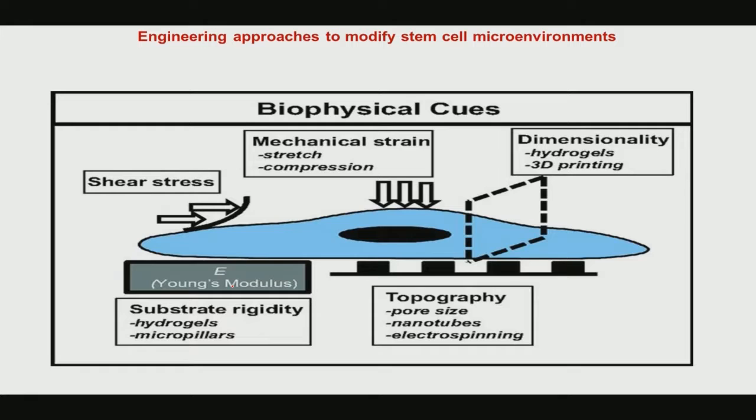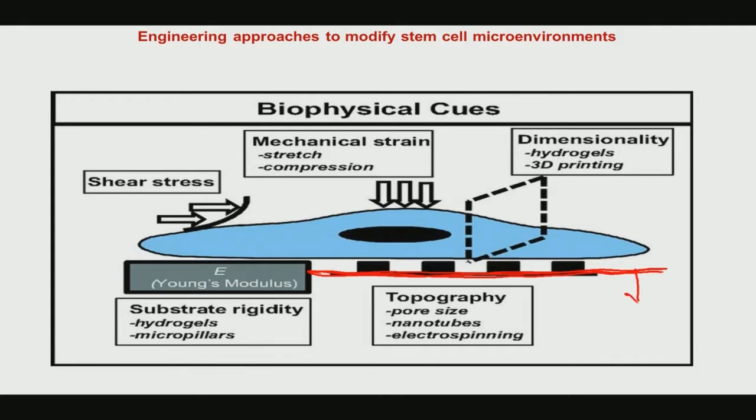Now, biophysical cues essentially means a combination of biological origin as well as physical cues. I have shown some specific examples here. One is that you can allow the stem cells to grow on a specific biomaterial substrate.